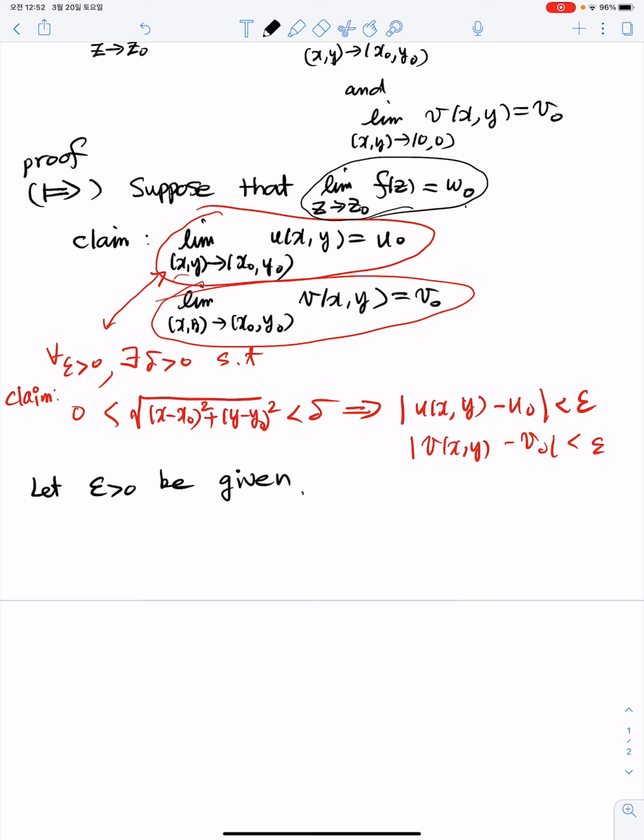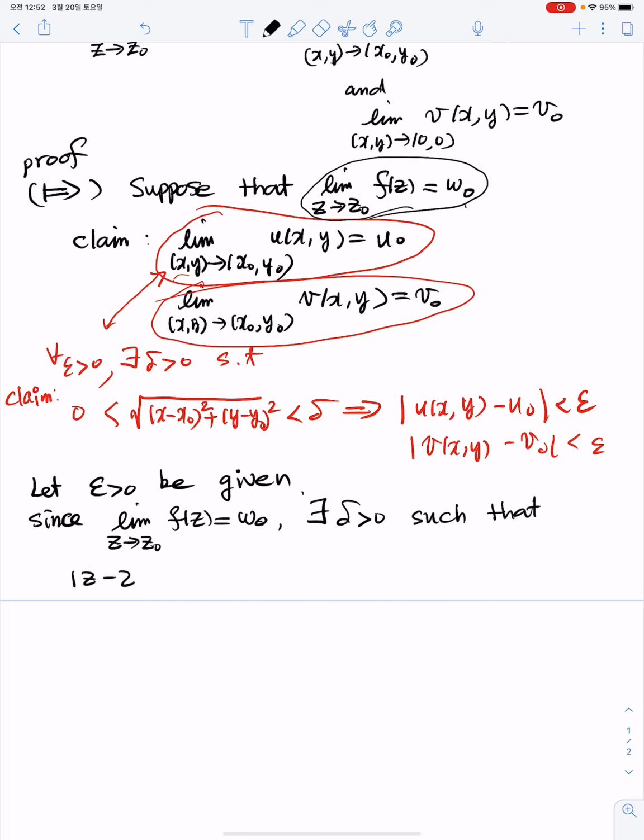By definition, since the limit as z converges to z0 of f(z) equals w0, given epsilon there exists a delta such that 0 is less than |z minus z0| less than delta. Whenever this is true, |f(z) minus w0| is less than epsilon.